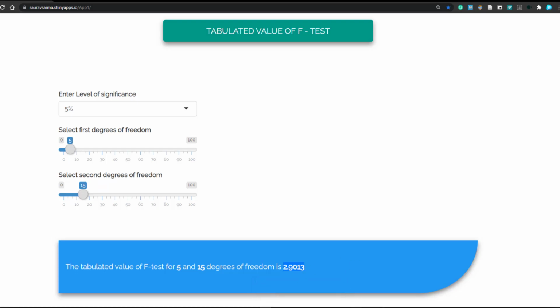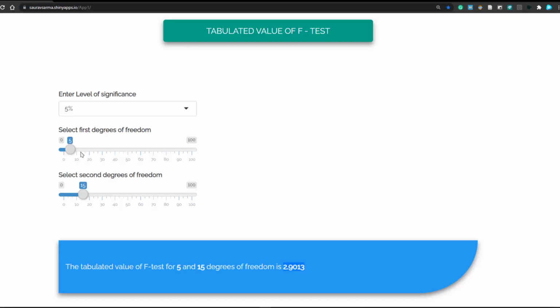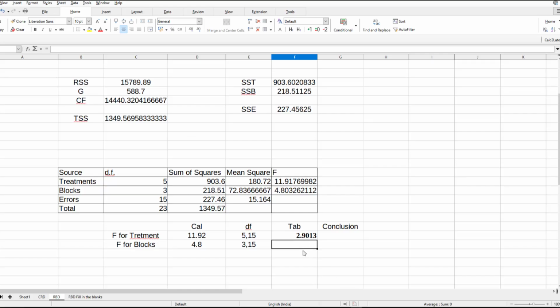Copy and paste. This is for 5, 15. And then next one we need 3, 15, right? So I will slide this to 3. So 3, 15 is 3.28477. I will copy this and paste it here.